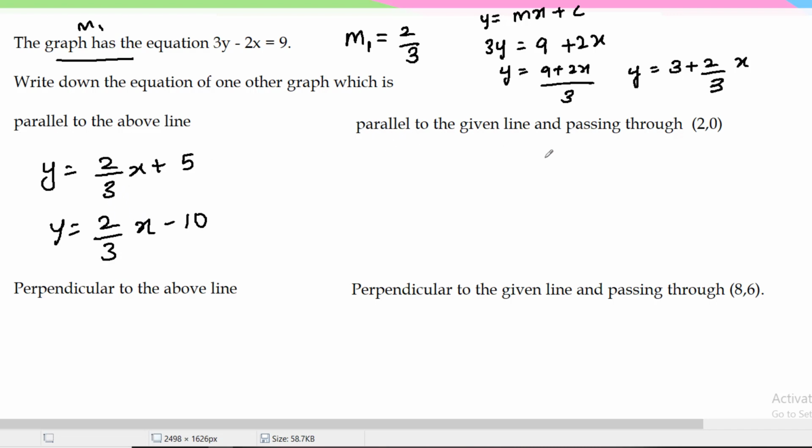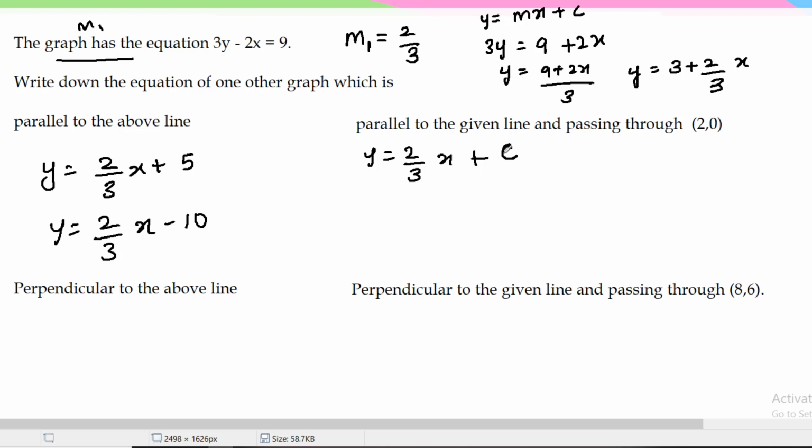Now, here they say parallel to the given line and also it passes through this point. So in this case, y equal to 2 by 3 x plus, here we were simply writing any number before, but in this case we should not write any number. We should write the corresponding number. So we have to substitute this point.